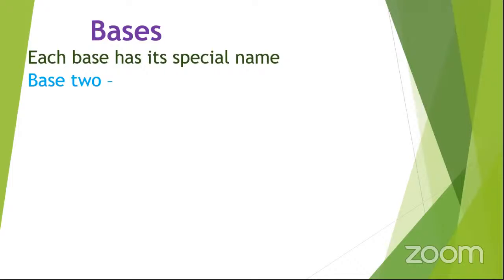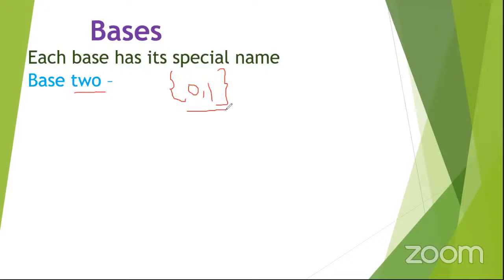So base 2 will always have 2 digits, and when we are giving digits, we start from 0 and 1. So those are the digits in base 2. You realize that the base name is 2 and the number of digits is 2.